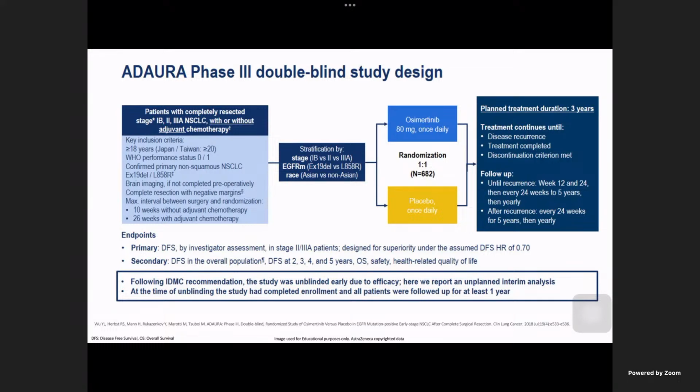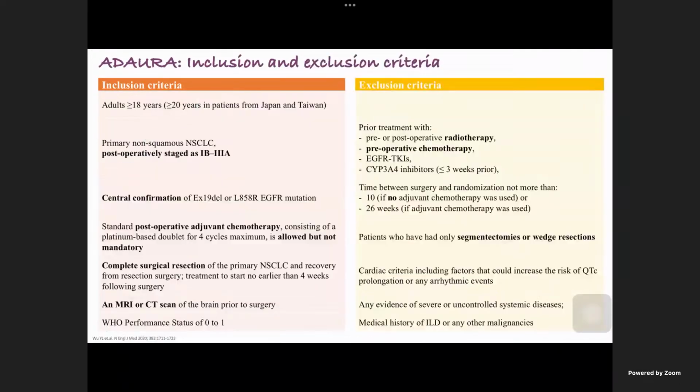The primary endpoint was DFS by investigator assessment in stage 2 and 3A patients. The secondary endpoint was DFS in the overall population, stage 1B, 2, 3A. OS, safety, and quality of life were the other endpoints of the study.